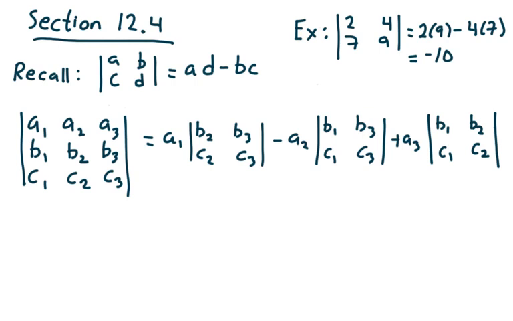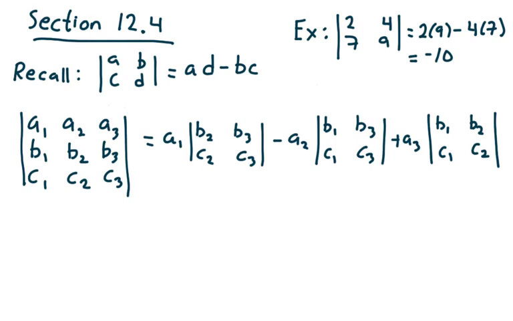Okay? Now, let's take the determinant of the 3 by 3 matrix A1, A2, A3, B1, B2, B3, C1, C2, C3, and we're going to expand around the first row, and we're going to do that the whole time.